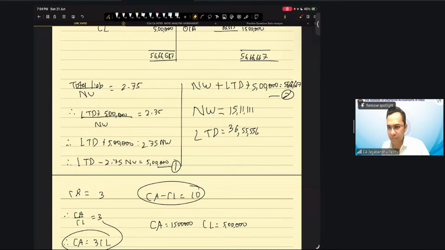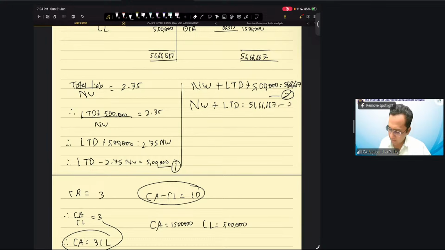Is it? Let me solve it then. So net worth plus long-term debt is 51 lakh 66,667. This is my second equation. I just write this next equation, minus 2.75 net worth plus long-term debt is 5 lakh.